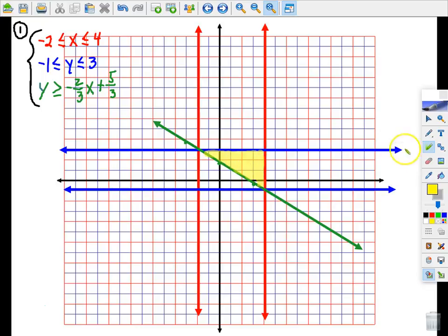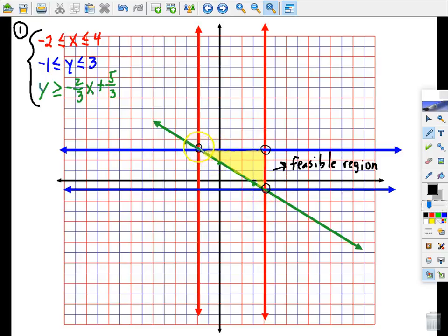Okay, so this would be, again, the term that we use for this is our feasible region. Not that you have to identify this on your homework. I just want to make sure that you're familiar with that term. And it's important to know because from the feasible region, we're going to get vertices. And in this problem, there are 3 of them.